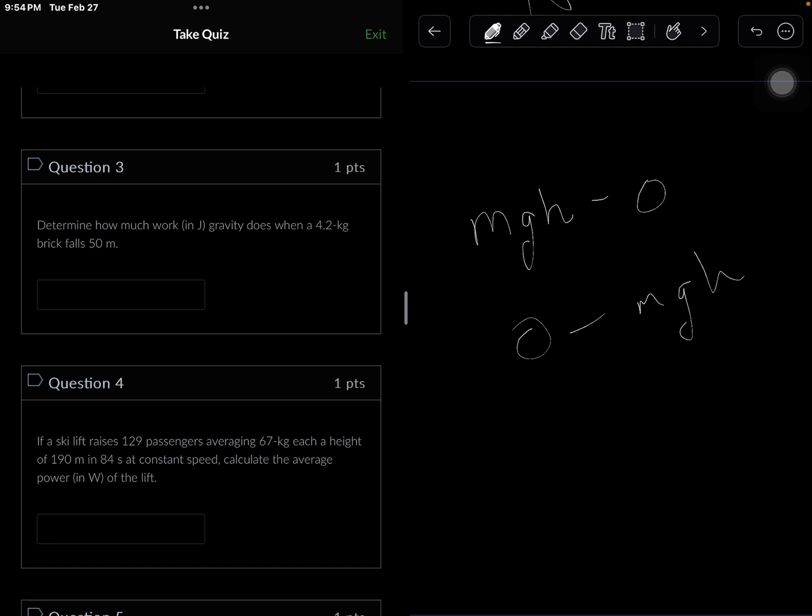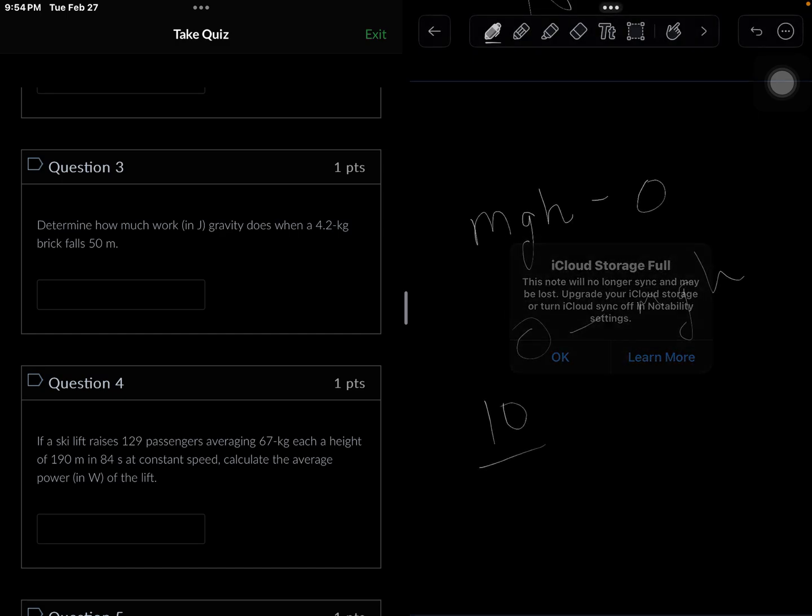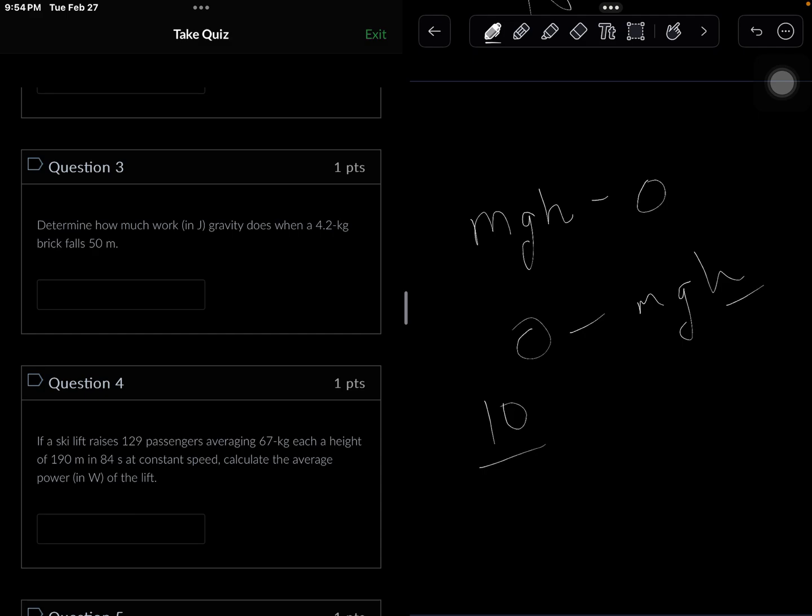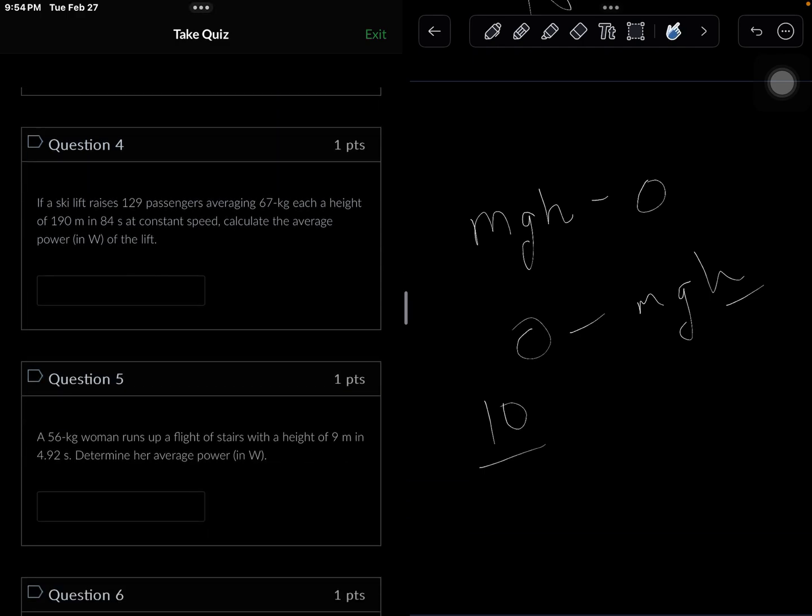Initial is going to be mgh. So you would take the mass value times gravity, remember that's 10, and you would multiply that times the height, which is 50. So 4.2 times 10 times 50. And this works because of the conservation of energy, where the change in energy is going to be equal to the work that is done. And do not plug in a negative value. Simple and straightforward.